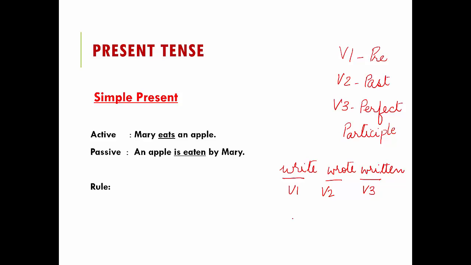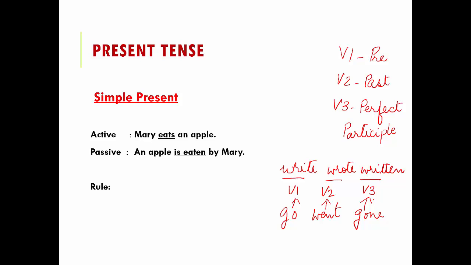I'll give you another example. Go, went, and gone. Go here is your V1, went is V2, and gone is V3. I'm sure you must have by now got a fair idea of what V1, V2 and V3 stand for.